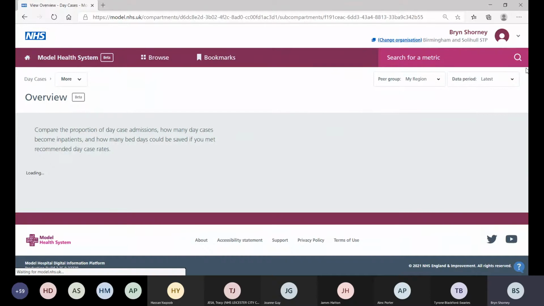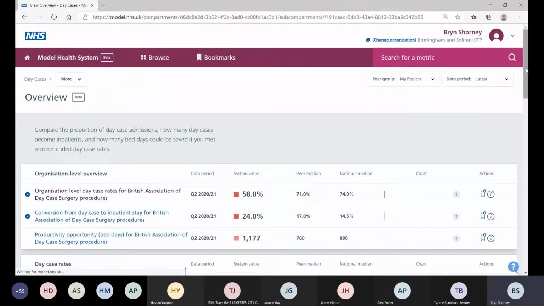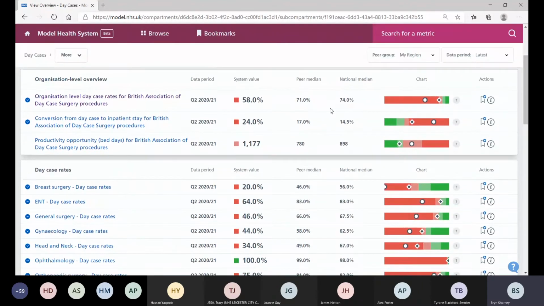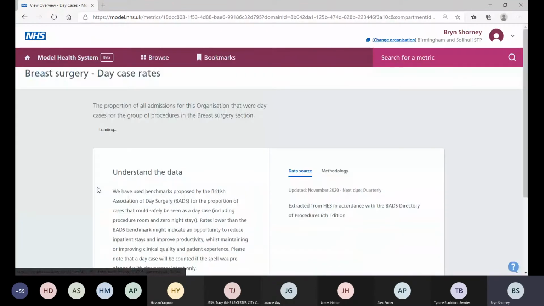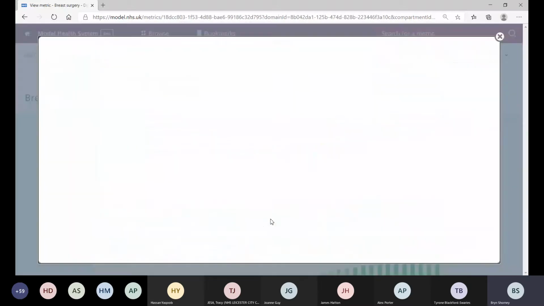As the overview says, compare the proportion of day cases. So we've got the organizational level overview, and then that breakdown by specialty. If I click into the breast surgery rates, again, go to the interactive chart.